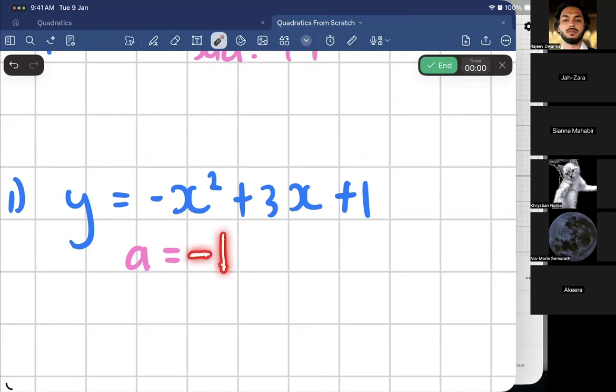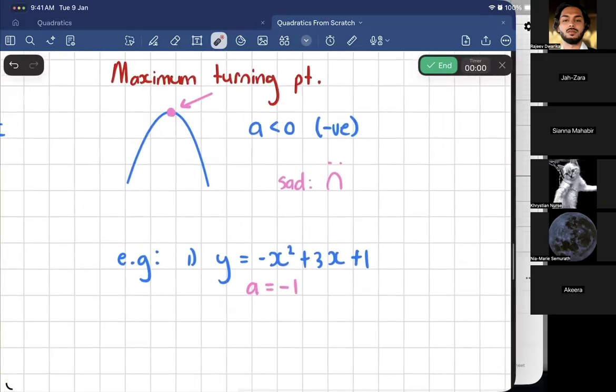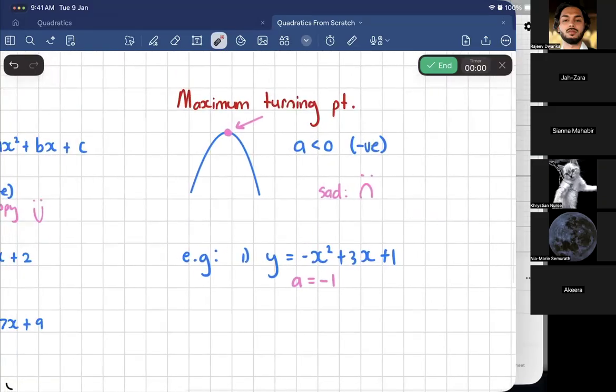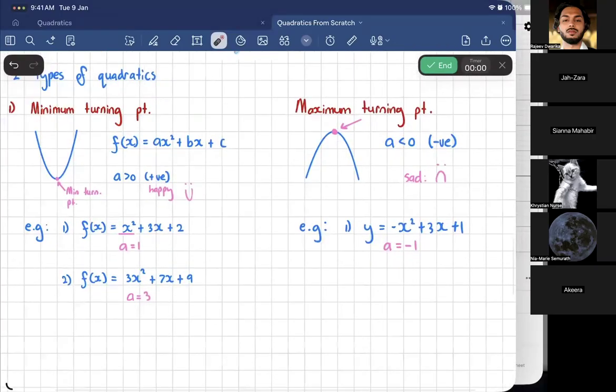Negative. So A is negative 1. Is that a positive number or a negative number? Negative number. Right, it's a sad face, which means you're going up to the maximum point, then you're going down. Make sense? Yes, sir. Great.